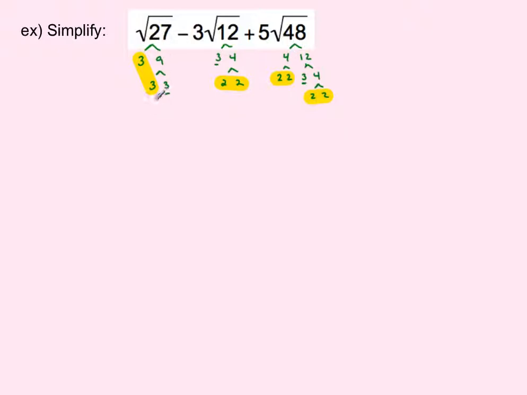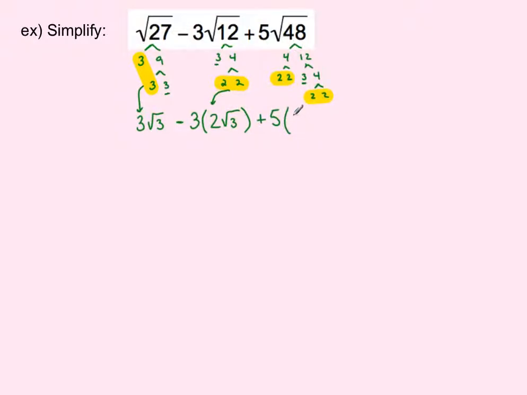So this first one simplifies into 3, because this comes out as a group of 3's, times the square root of 3, minus. The middle radical had a 3 in front of it already, so I'm going to carry that down. This group of 2's gets pulled out. This 3 gets left inside, plus the 5 that was there, parentheses, what do we get when we simplify?